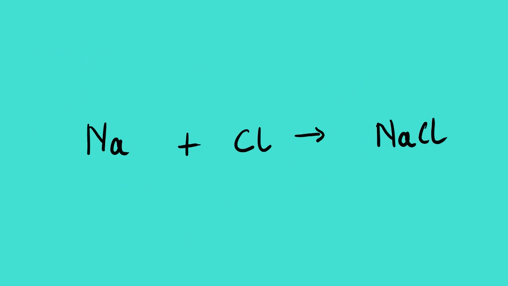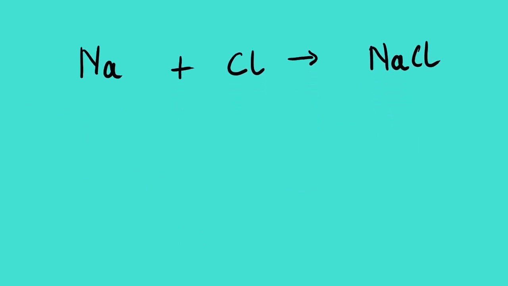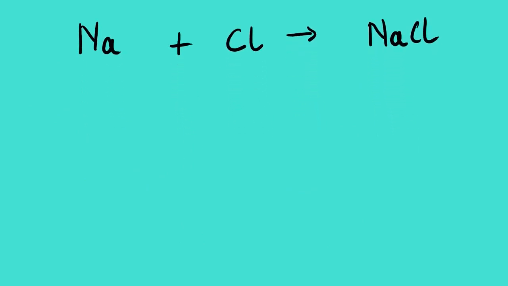Sodium reacting with chlorine will give us sodium chloride. It's one common reaction which is ionic. Now let us go into detail on this reaction. We know that sodium is a metal, and it is found in group number 1, which consists of only 1 electron.